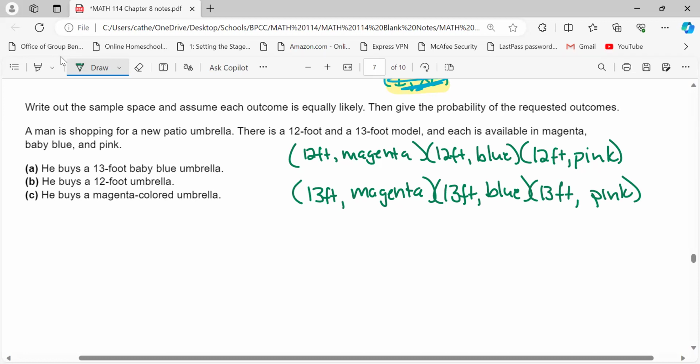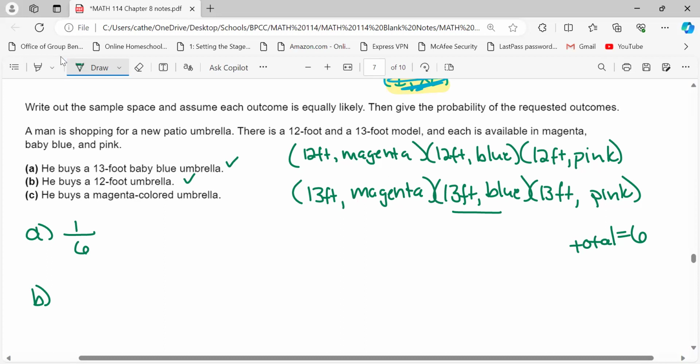All right, so the probability that he buys a 13-foot baby blue umbrella. So how many 13-foot baby blues do we have? We have 1. Out of, what's the total we have? Total possible choices. It's going to be 6. What's the probability he buys a 12-foot umbrella?